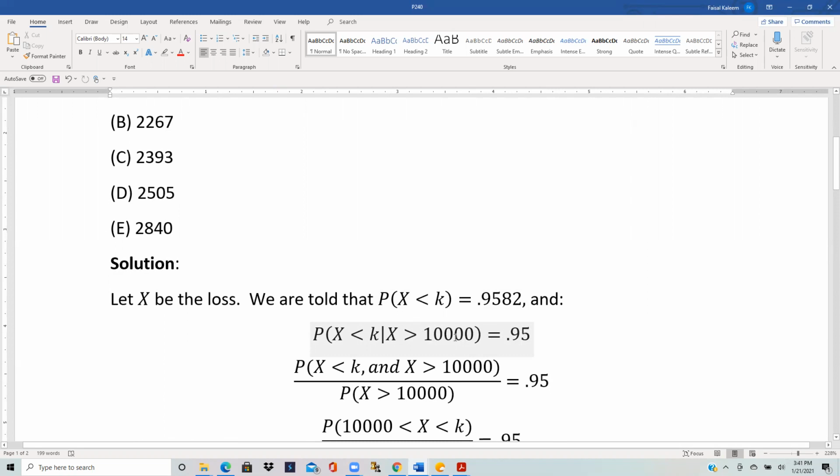Deductible was 10,000. So the given part, they said it first in the sentence, maybe to try to throw us off. By now we are experts at this.